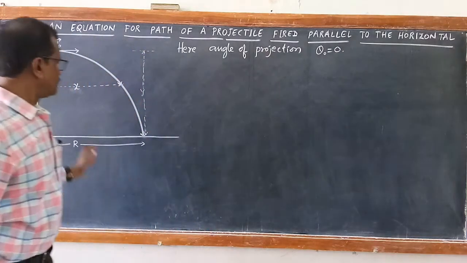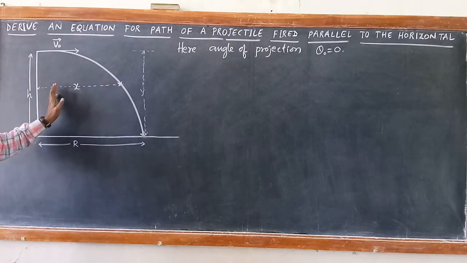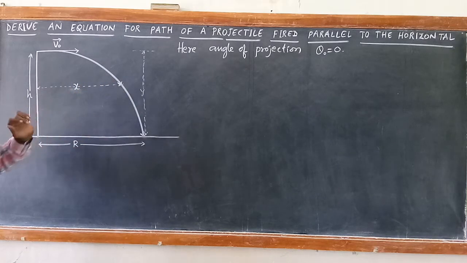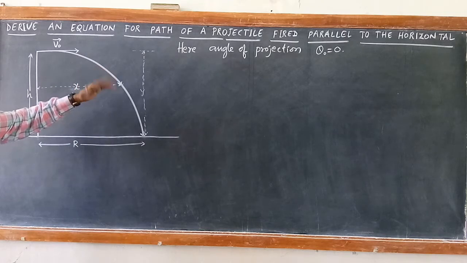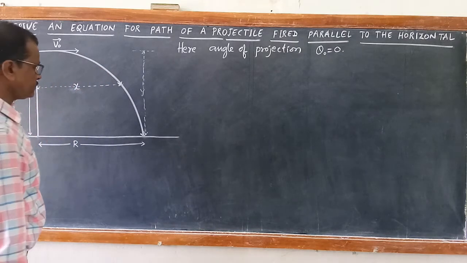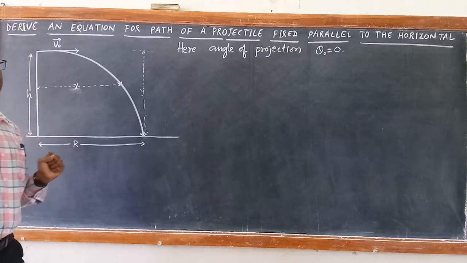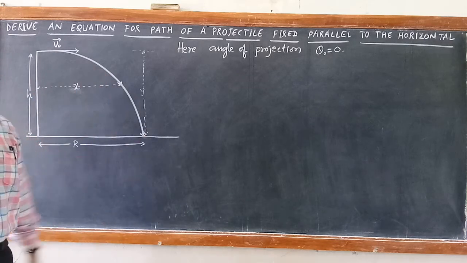Then how to calculate horizontal distance covered? It will have x coordinate as well as y coordinates dependent on time t. Then how to calculate the x component at any given instant of time t?